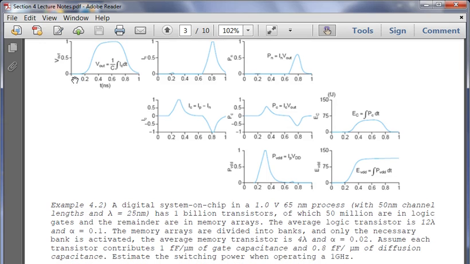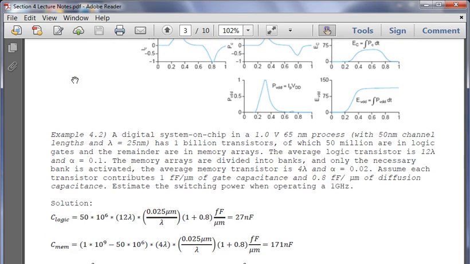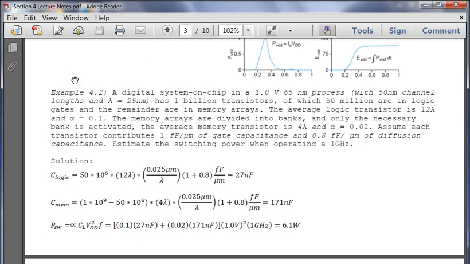So I want to take this example question to relate everything to the switching power consumption. A digital system on chip, SoC, if you ever see that in industry, SoC stands for system on chip. In a 1 volt 65 nanometer process with a 50 nanometer channel length and lambda equals 25 nanometers, has 1 billion transistors, of which 50 million are logic gates and the remainder are memory arrays. So 1 billion minus 50 million is our memory arrays.